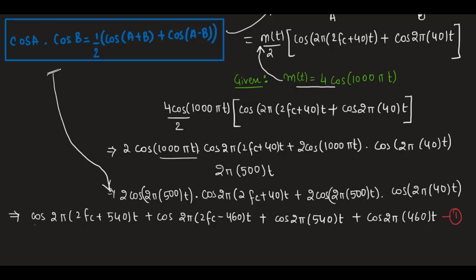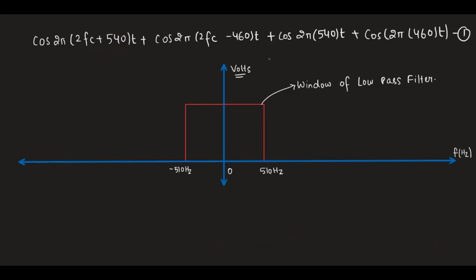What we see is, in this equation there are 4 cosine terms, and according to the question we need to pass these 4 signals through a low pass filter with a cutoff frequency of 510 Hz. The Fourier transform of a cosine signal gives two impulses at its respective positive and negative central frequencies.